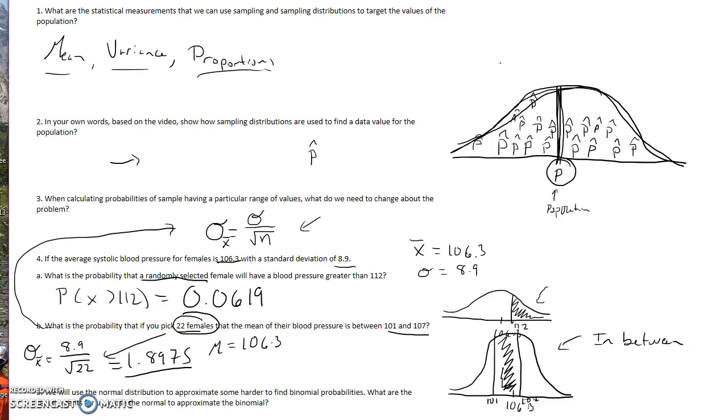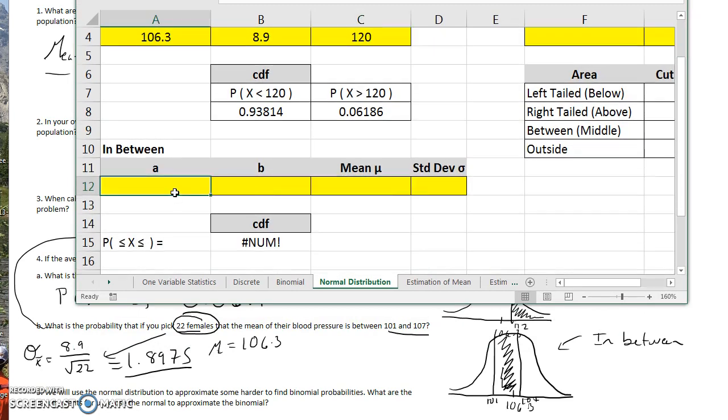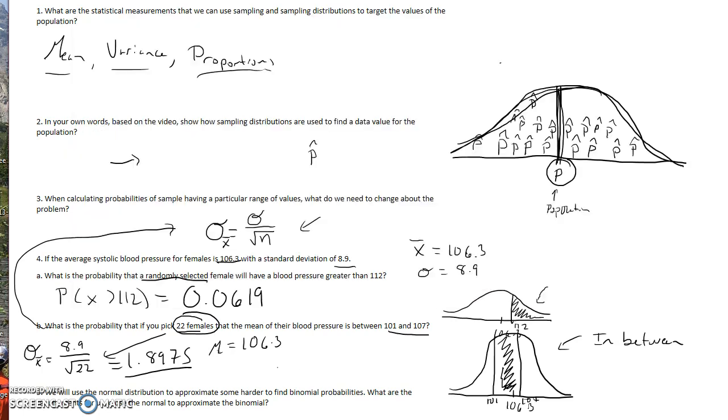Okay, so we're going to go to our Excel spreadsheet. We're going to be working on this one down here. So this is between 101 and 107 with a mean of 106.3, and then we're going to change that standard deviation to 1.8975, and we get the probability is 0.6413.